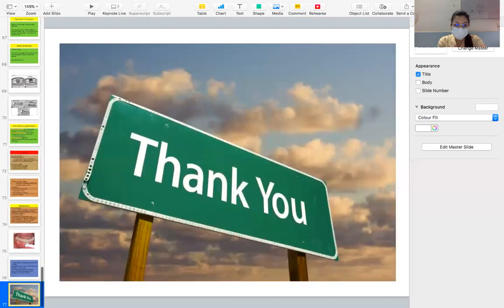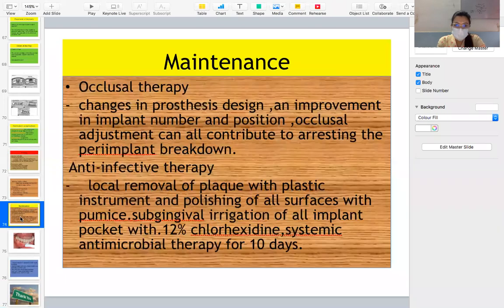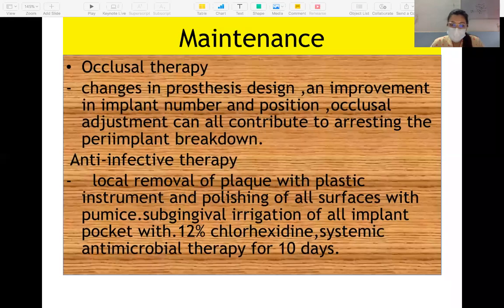So I think this is all about how you maintain. If there are failures, you have to consider occlusal therapy. You have to consider changes in prosthesis design, improvement in the implant number and position, occlusal adjustments is very important, but this is pre-surgical. And anti-infective therapy also, in some cases, has to be considered.